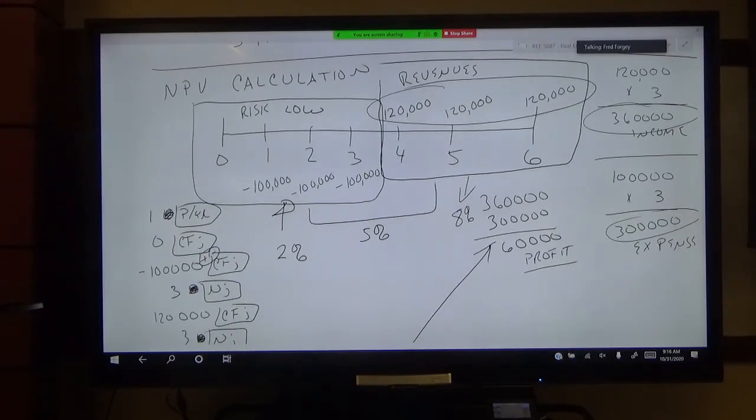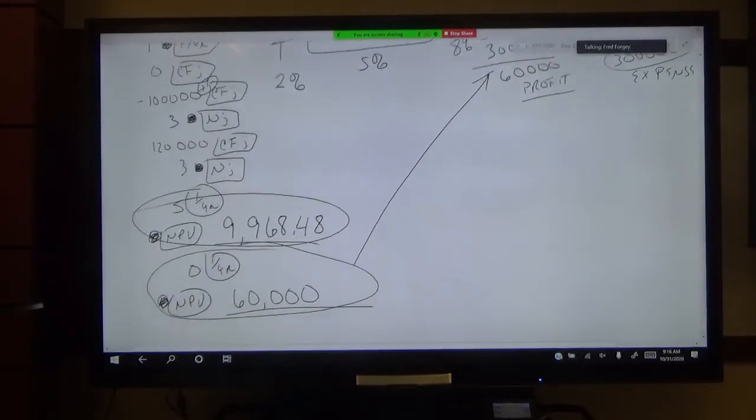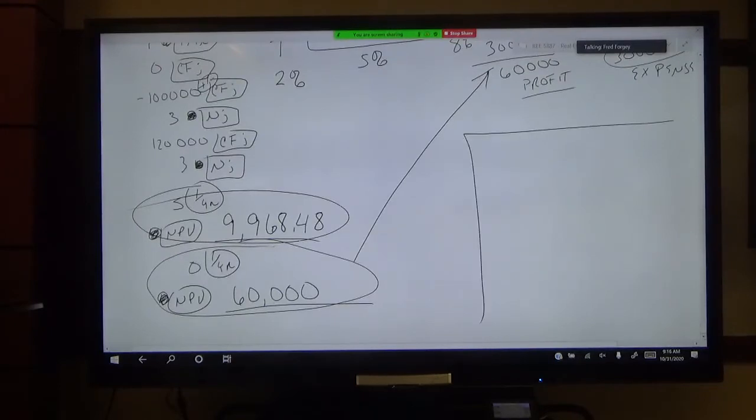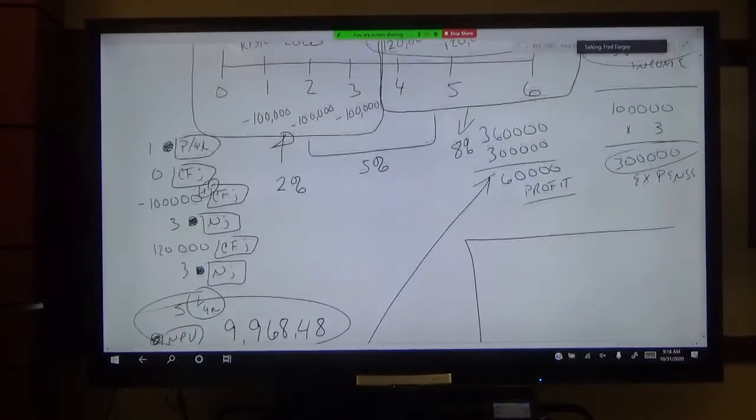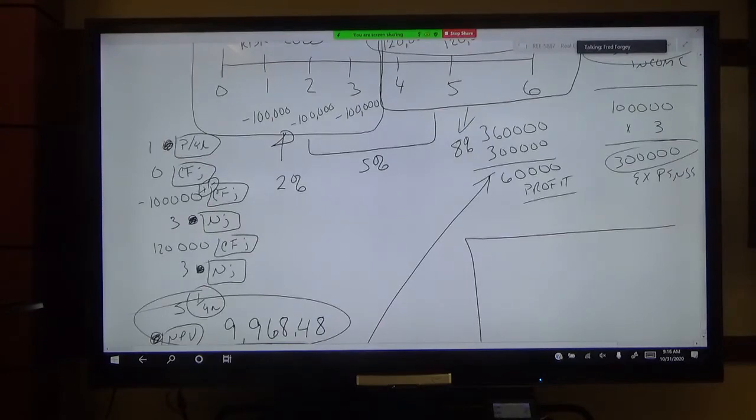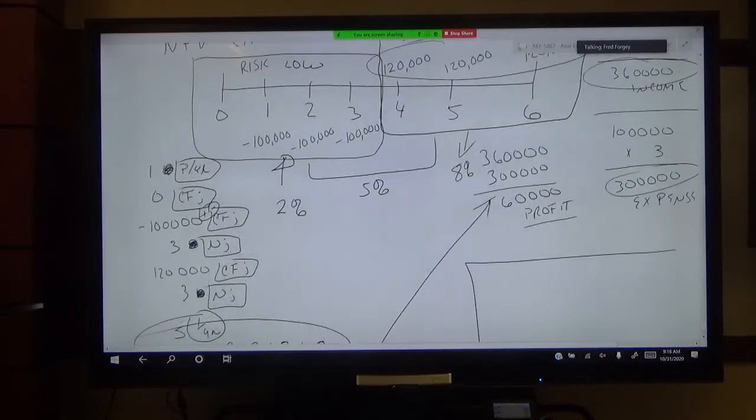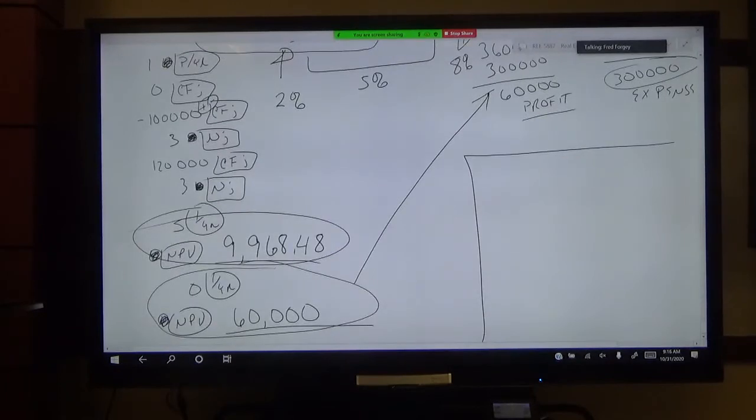Now, the more complicated part is how do we do that? We basically have to treat them as two separate problems. So let's start with the expenses first. In this particular instance, we've got one payment per year, and we're going to put in our 2% discount rate.